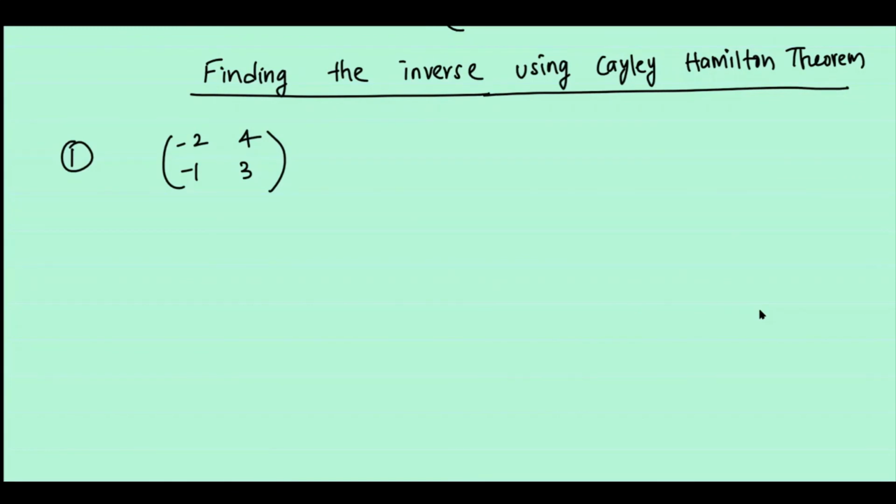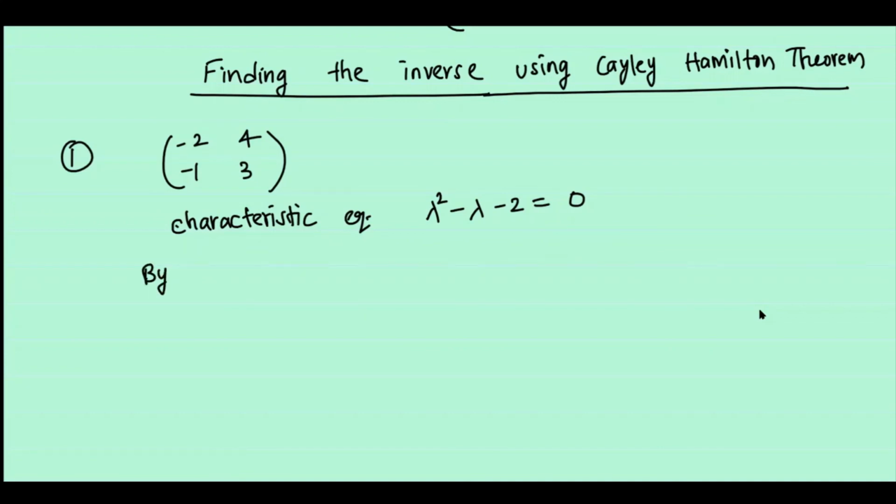So as usual, we have to find the characteristic equation. In this problem, we will get the characteristic equation as lambda square minus lambda minus 2 equal to 0. Now we know that the Cayley-Hamilton theorem says that every square matrix satisfies its characteristic equation.